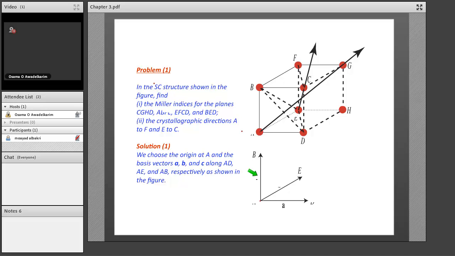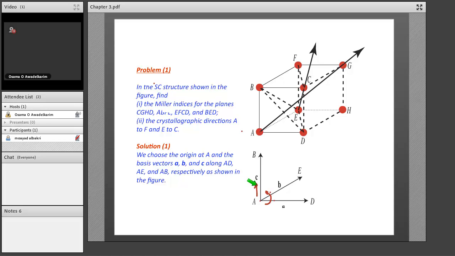What do we mean by right-handed system? It means if you rotate a corkscrew or a screwdriver from a to b, it will proceed in the third direction, c.